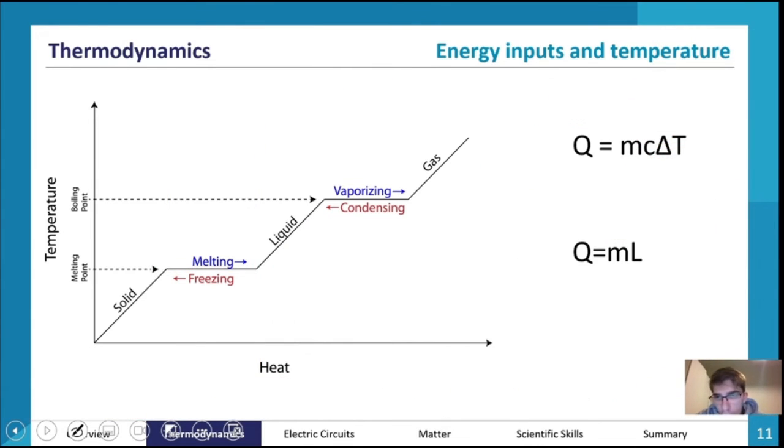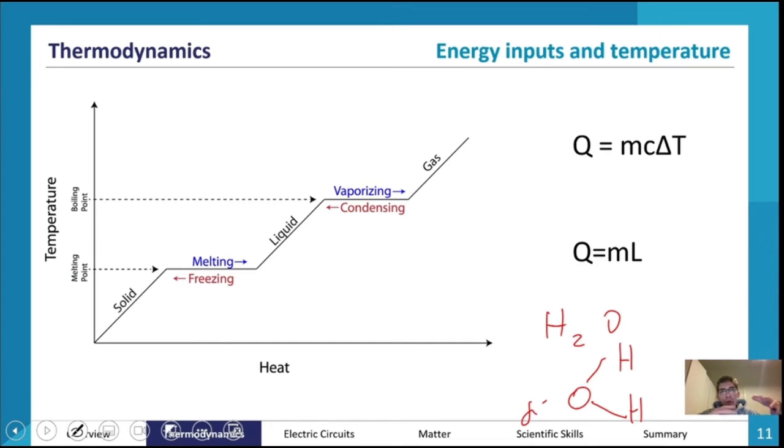formed. Now, if you think about water, water has the formula H2O. Water is made up of an oxygen atom and 2 hydrogen atoms. The oxygen atom has a very strong affinity for electrons, and it will attract these electrons towards itself.